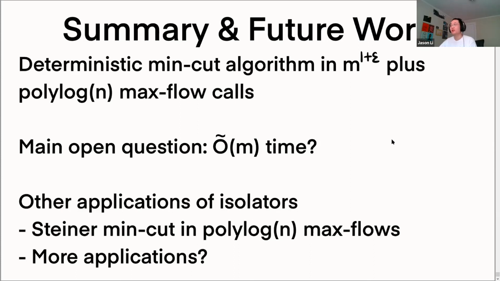And this problem we show is also equivalent to essentially polylogarithm max flows, at least with random sampling. In the deterministic setting, we also have this extra m to the 1 plus epsilon factor. And so we think that there might be other applications of this concept of isolators for other graph cut problems in the fast algorithm setting.